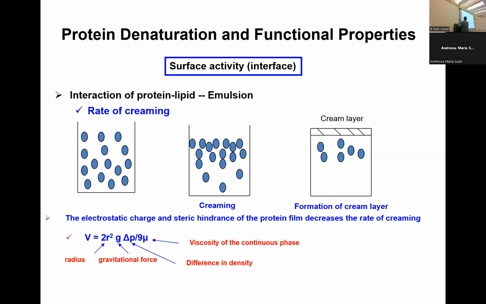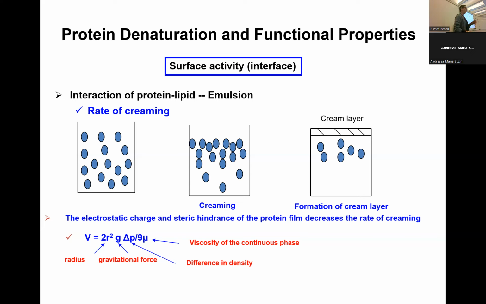The higher the difference in the density of the two phases, again, the higher the rate of creaming or phase separation. And then the higher the viscosity, it's an inverse relation. So this is over the viscosity. So the higher the viscosity of the continuous phase, the slower the rate of separation.